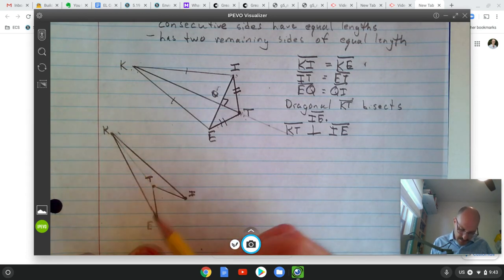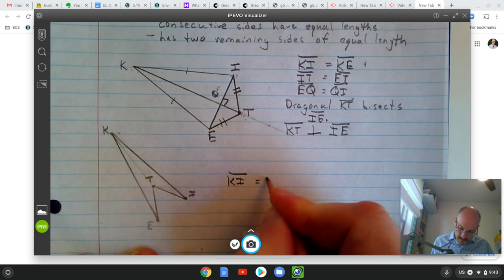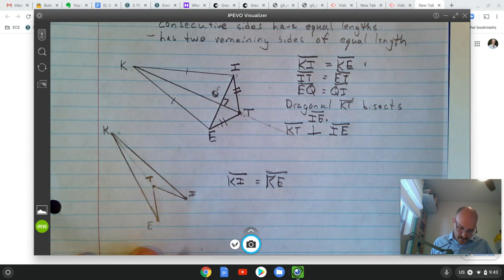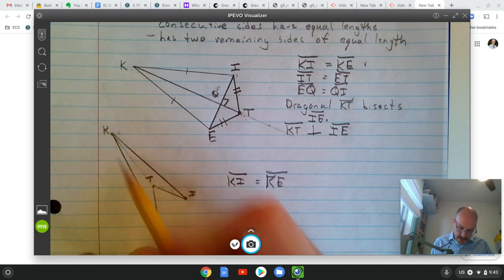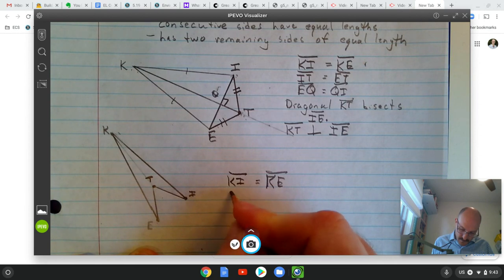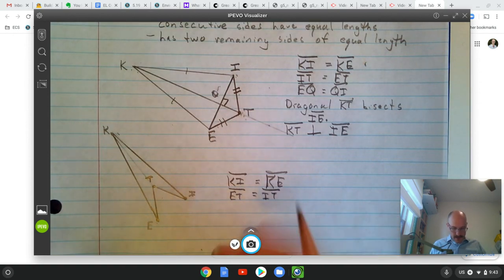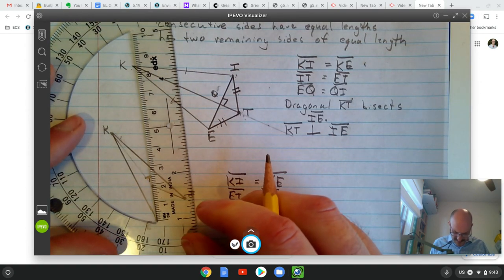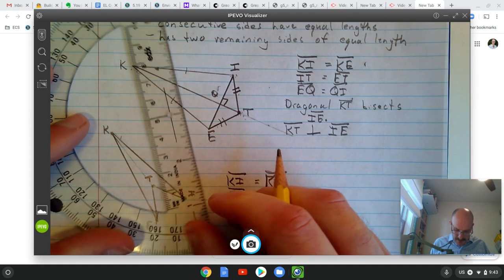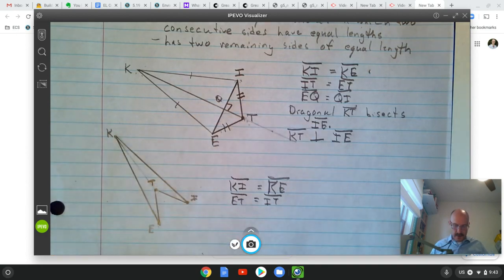KI is equivalent to KE. ET is equivalent to IT. Double check that. It's about 19 millimeters, and yeah, 19 millimeters.